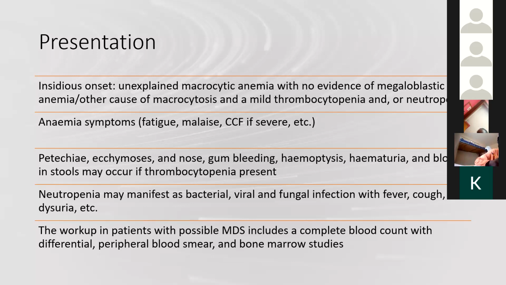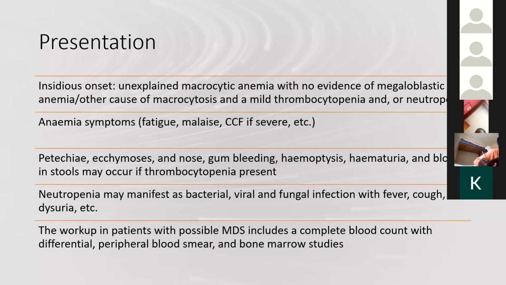Okay, so this means that in order to diagnose your myelodysplastic syndrome, you have to be very aware. Don't just let a patient go because, oh, we did B12 and folate and they're normal. This patient with macrocytic anemia, nothing wrong, go home. No, there's something wrong, continue investigating them. The anemia will present with the signs and symptoms of anemia.